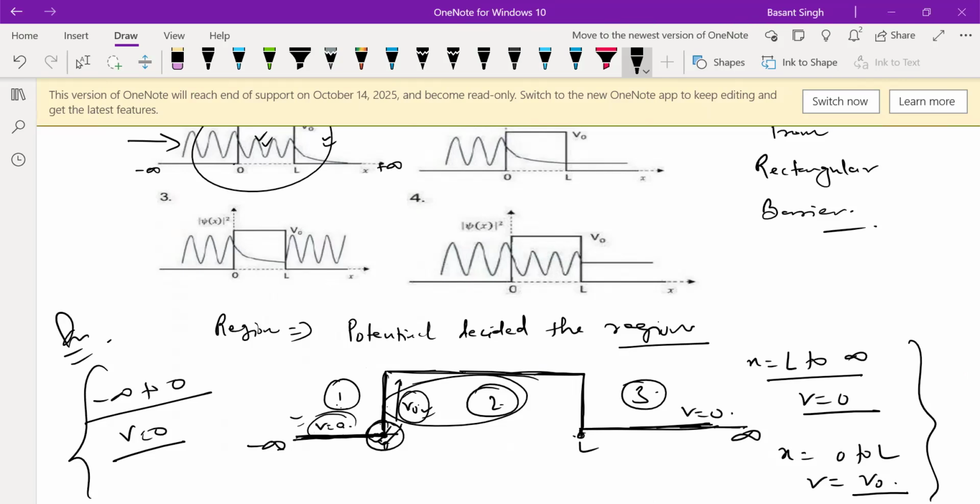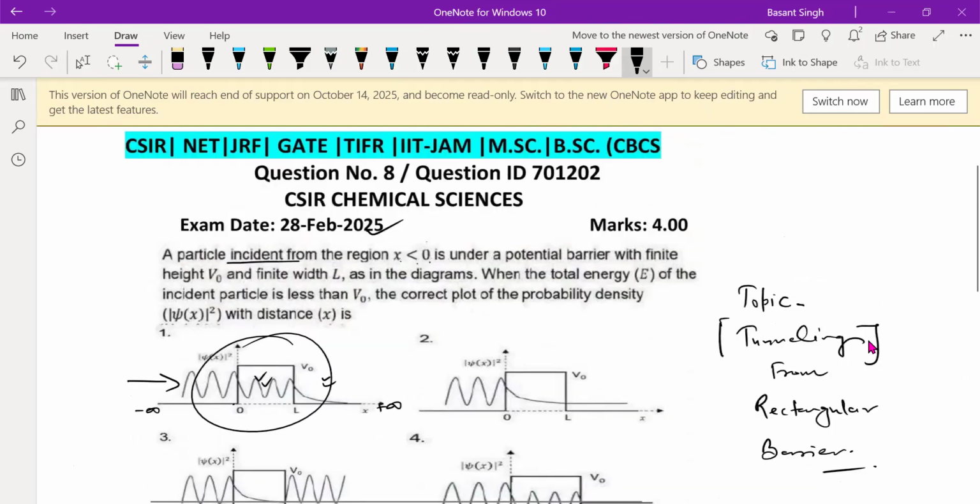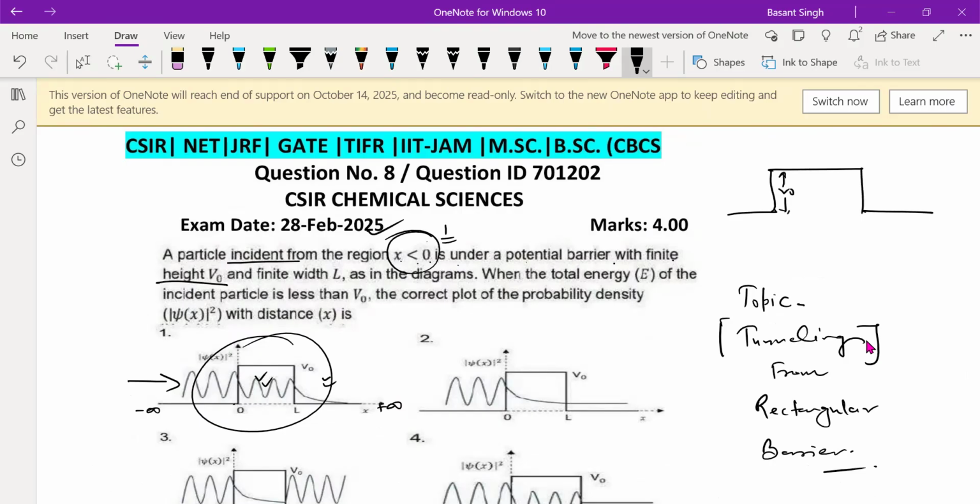So what does the question say? A particle incident from the first region meets a potential barrier with finite height V0. The potential is V0, so it is called finite height.